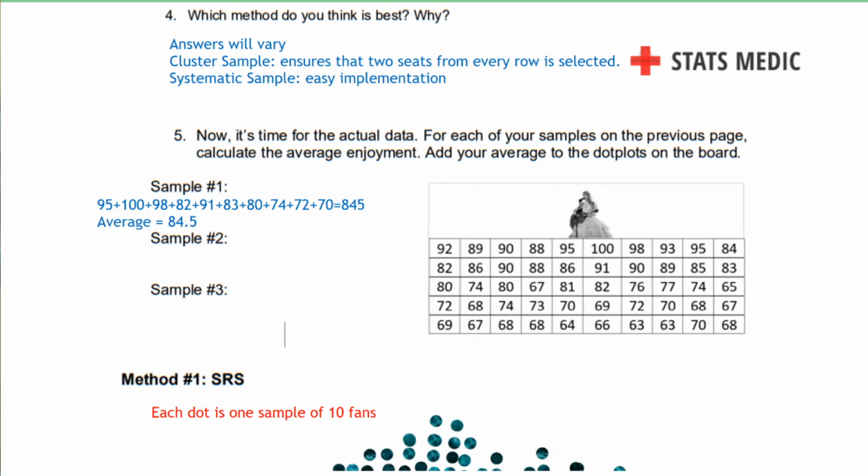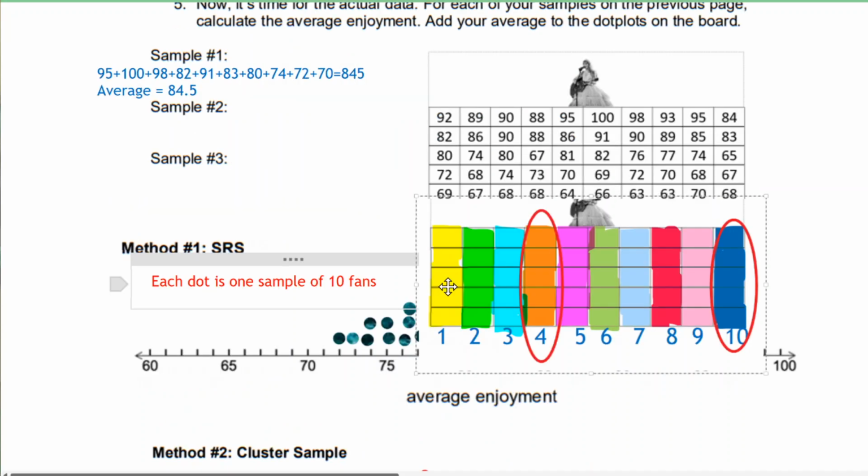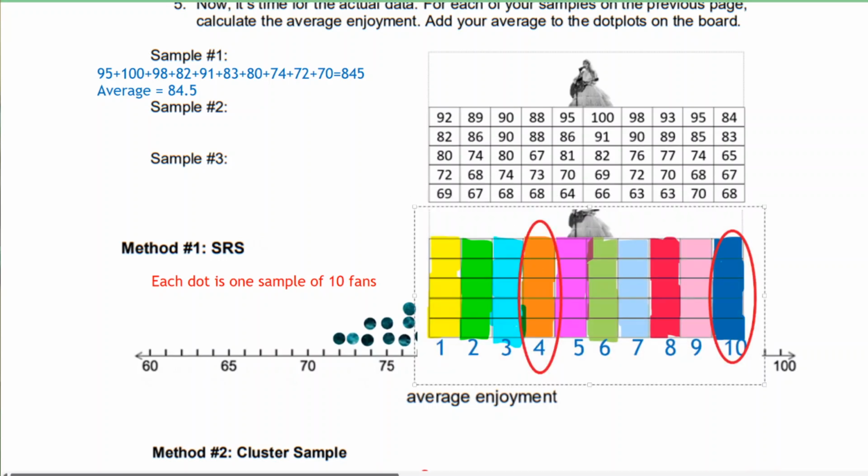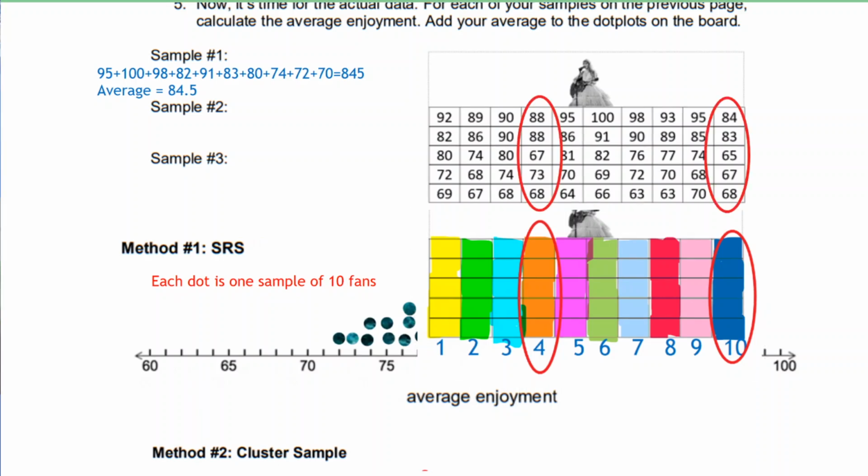All right, sample 2, let's bring that up. Sample 2 was everybody from column 4 and column 10 included in our sample. So let's circle those samples. That's everybody in the 2 red circled columns. We have their scores in front of us. So now we can calculate the average enjoyment level here.